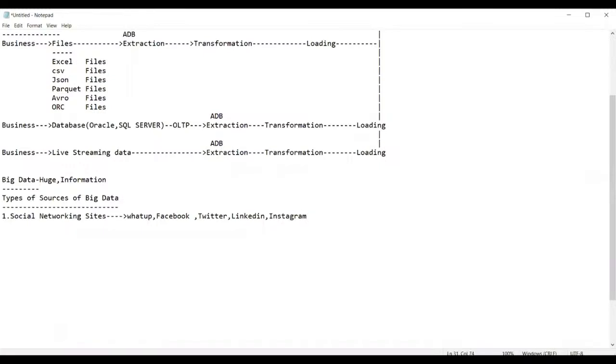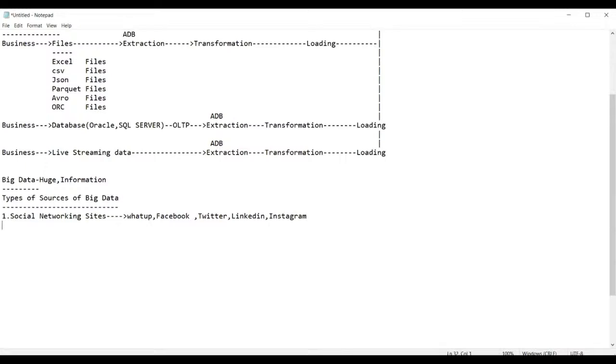All of these are called social networking sites. So social networking sites are basically referred to as a major source of getting big data.